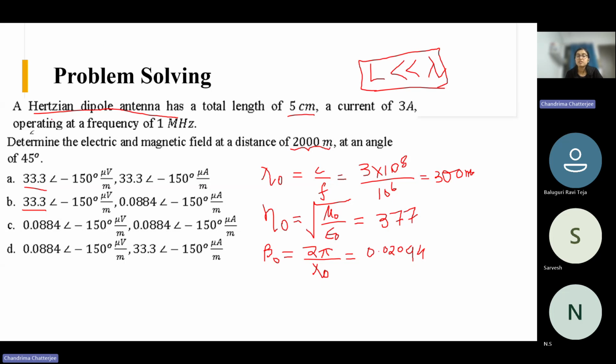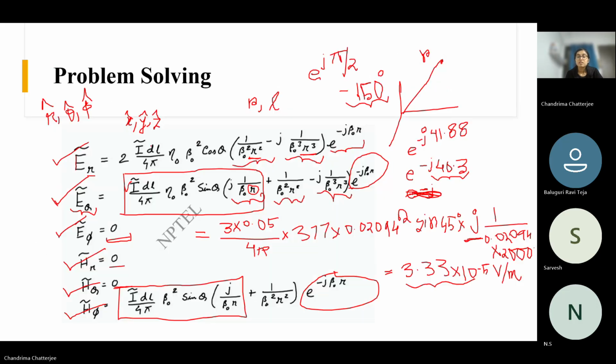Here it is not necessary, because in both options the answer is minus 150. Now let's calculate the magnetic field. For the magnetic field we will calculate in the same way. We have all the values: beta naught, dl, I, all these things. Just calculate it.